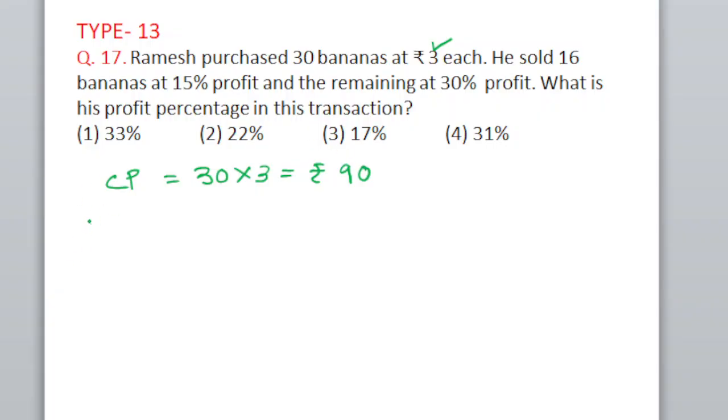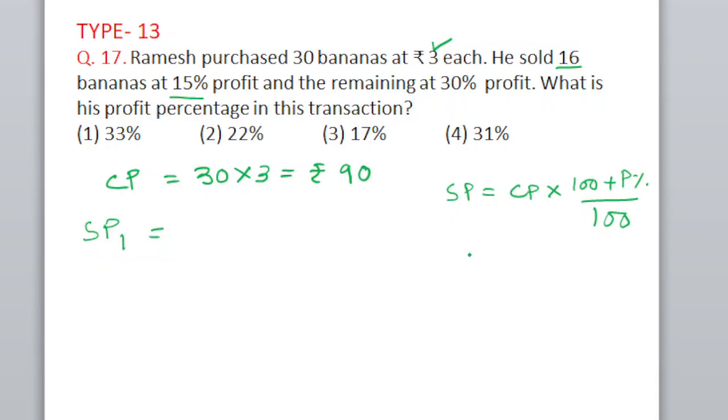In the first case, here SP1, he sold 16 bananas at a profit of 15%. Now, we know a formula that SP is equal to CP into 100 plus profit percent divided by 100.